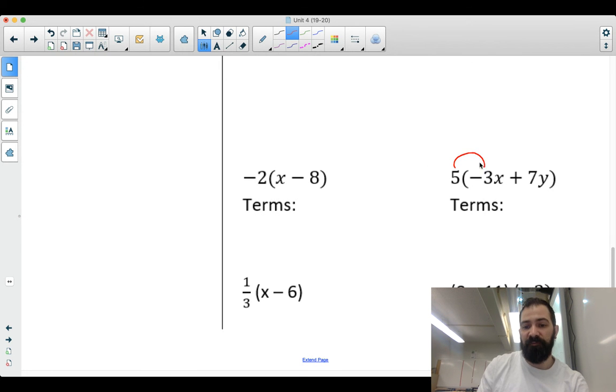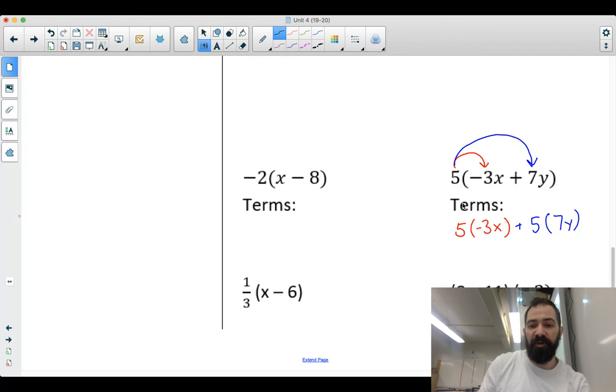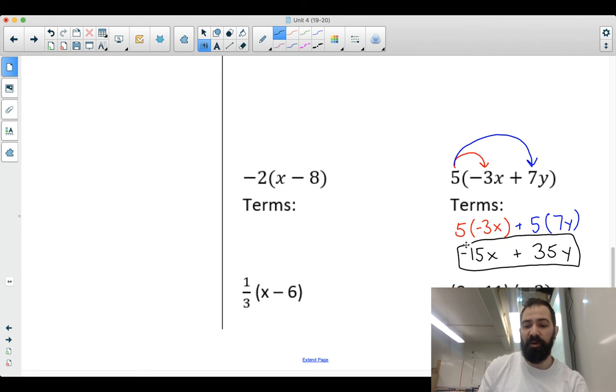We multiply 5 times negative 3x plus 5 times 7y. To simplify, we get negative 15x plus 35y. And you're done. You can't combine x's and y's through addition. They remain separate terms.